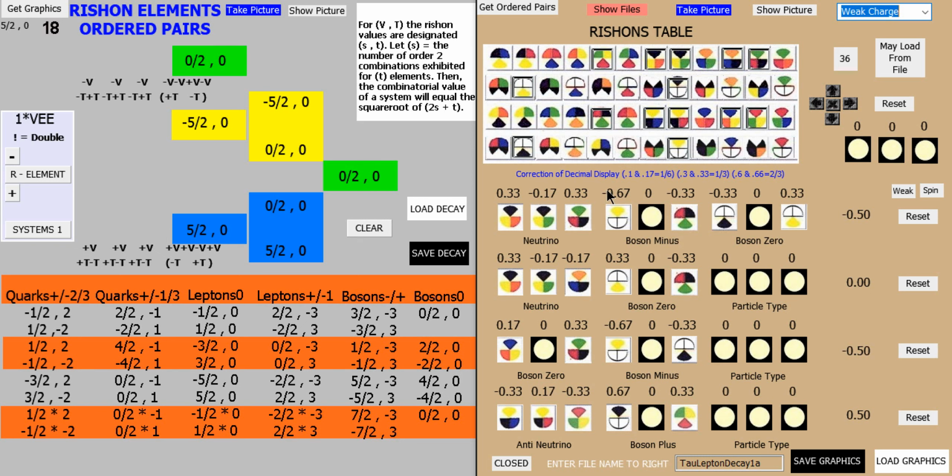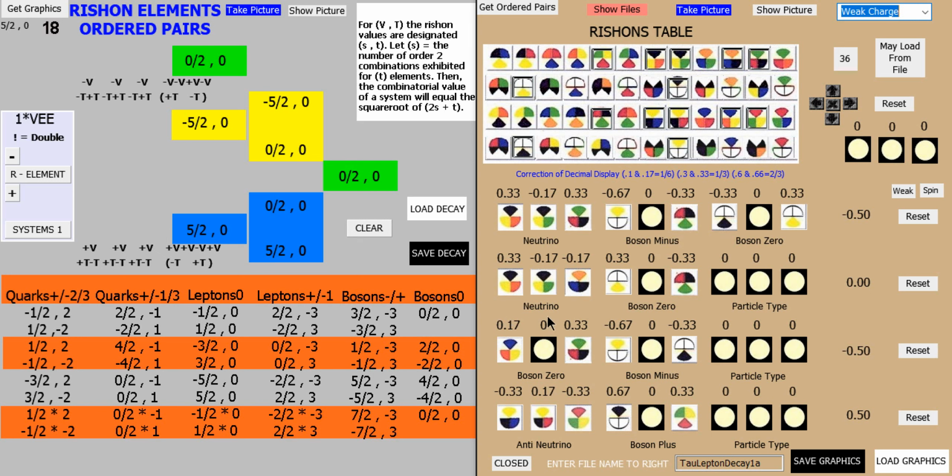And minus 1 summed with the plus 1/2 will give us minus 1/2 weak charge on the tau lepton, which is consistent with the standard model. And we'll find that we have the opposite weak charges on the anti-tau.